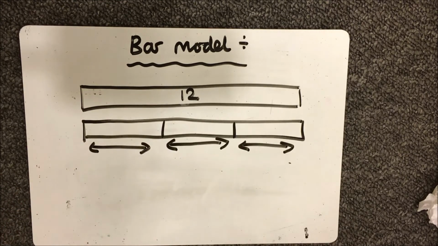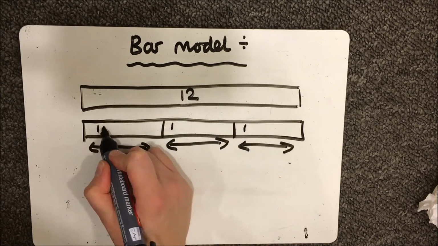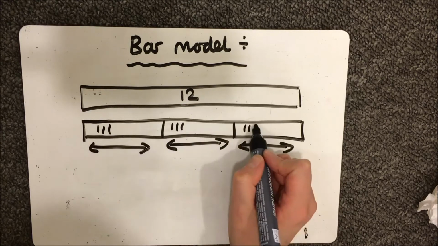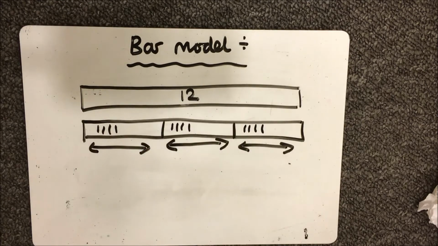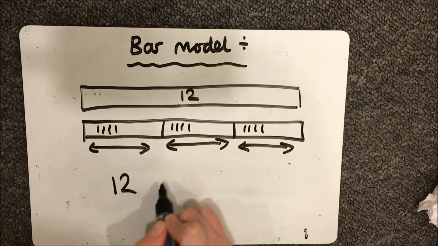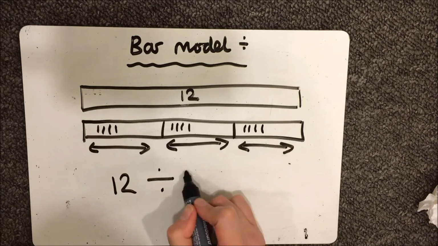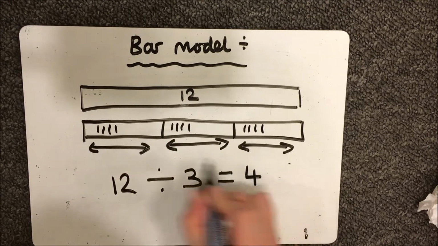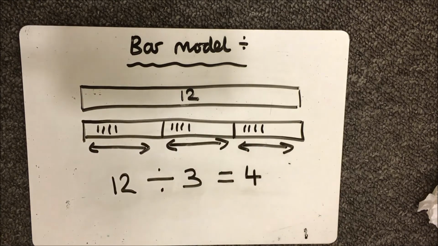And I can do a sharing again, so I can do 1, 2, 3, 4, 5, 6, 7, 8, 9, 10, 11, 12. So 12 shared by 3 groups is the same as 4. So I've got 4 children in every group. 4, 4 and 4. You got that way?